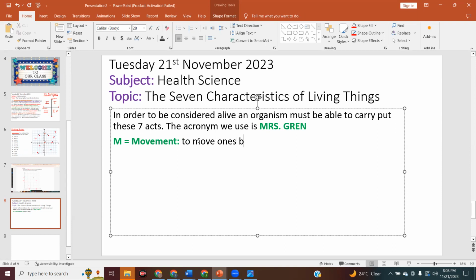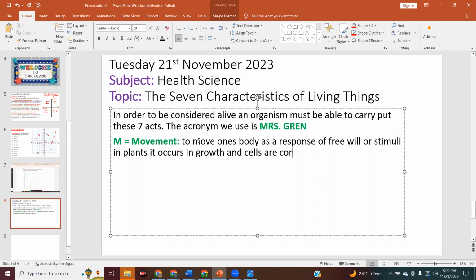To move one's body as a response of free will or stimuli. In plants it occurs in the growth of cells, and cells are constantly moving.